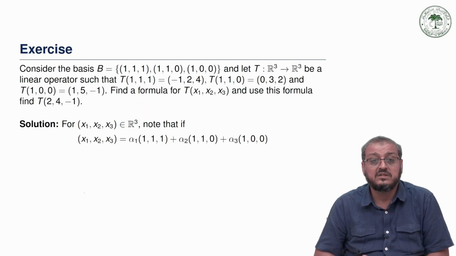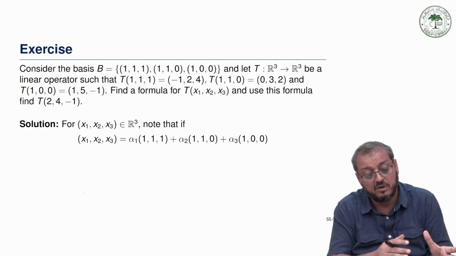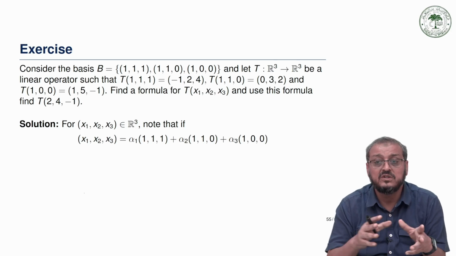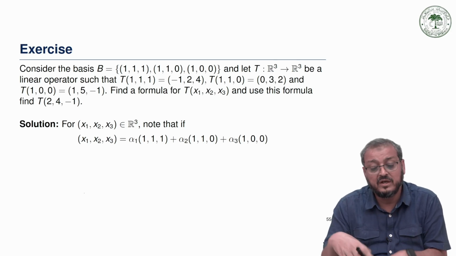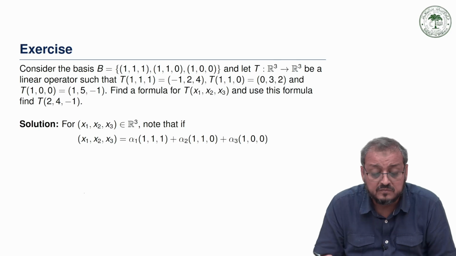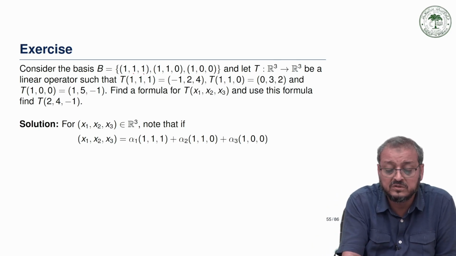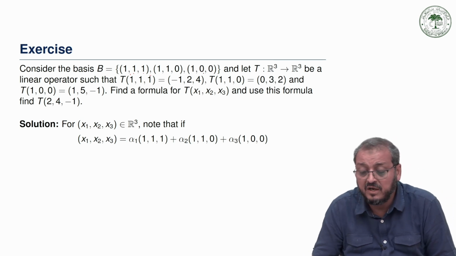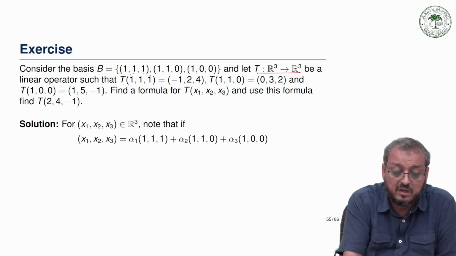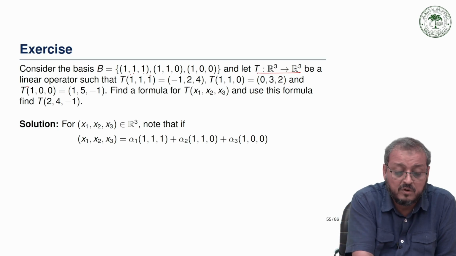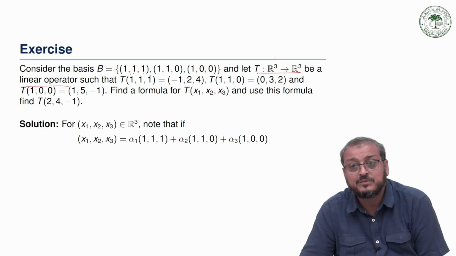Okay, now next we have to solve these two questions with a different basis. Now I will take a different type of basis. So I take this basis B equal to (1,1,1), (1,1,0), (1,0,0). This is a basis, and T from R3 to R3 is a linear operator because both the vector spaces are the same.